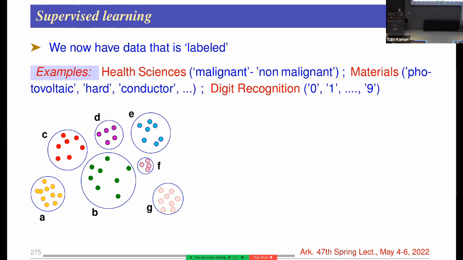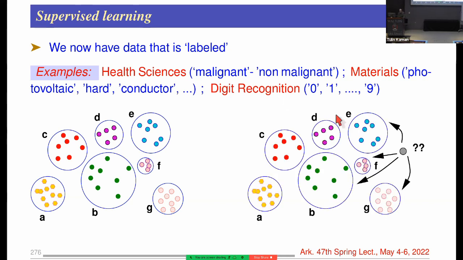And then you have other things where you have several classes, photovoltaic, hard, semiconductor, conductor, whatever. And then you have digit recognition, where we have the digits from 0 to 9. These are a few examples. Now you're given one item and you'd like to place it in one of these classes. A class is simply a set of items that have the same label.